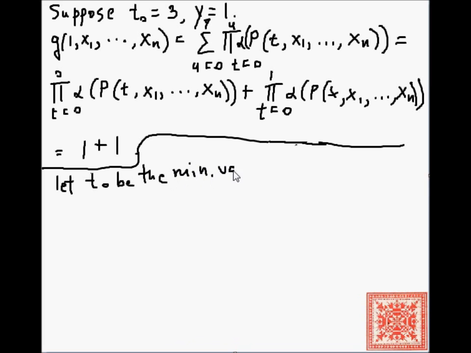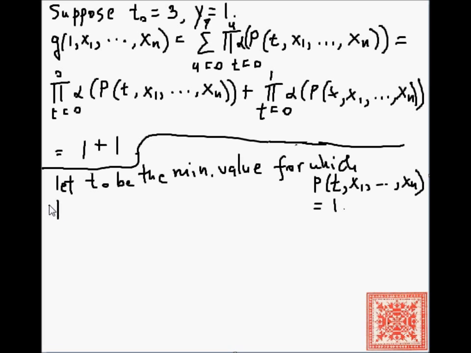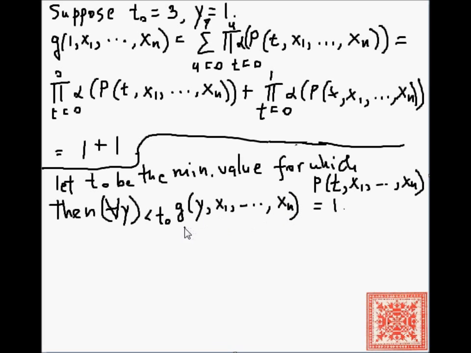If t naught is the minimal value of t for which p t x1 through xn is equal to 1, then for all y less than t naught, g of y x1 through xn, the sum of alpha products, is equal to y plus 1.